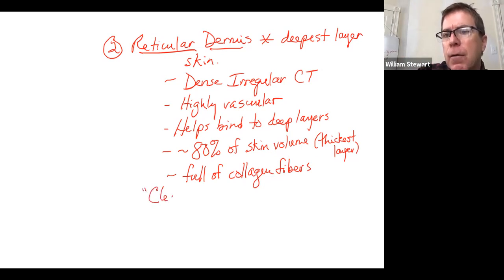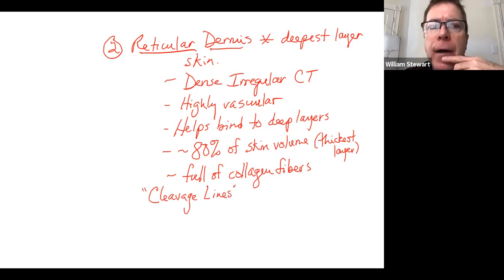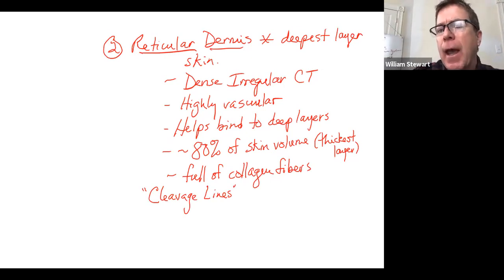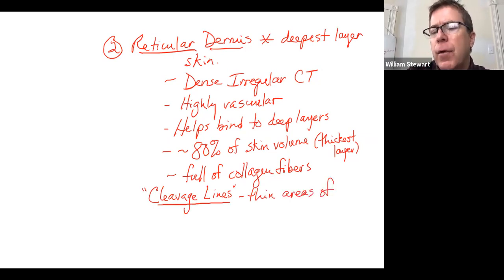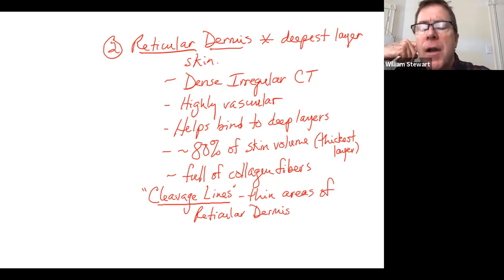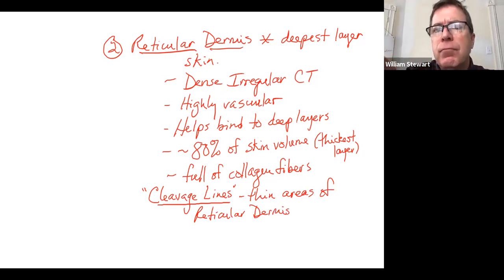So if you were to peel away the epidermis from your skin, there are actually patterns to the organization, particularly of the reticular dermis, and cleavage lines are thin areas of reticular dermis that sort of run in a pattern around the body.